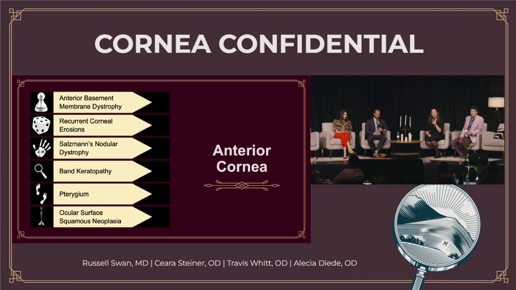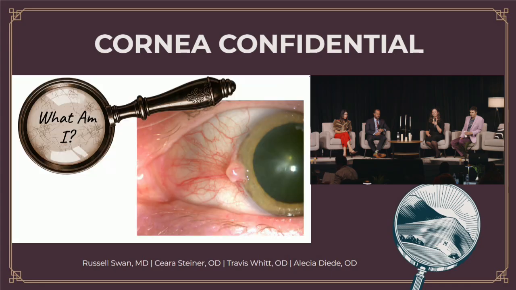If you have a patient that's continuing to have recurrent corneal erosions, I really emphasize documenting how often it's happening, because sometimes patients come in and don't really know how long it has been going on or how many episodes there have been, so it's really helpful. Salzmann's nodules, band keratopathy, pterygiums, and then OSSN.